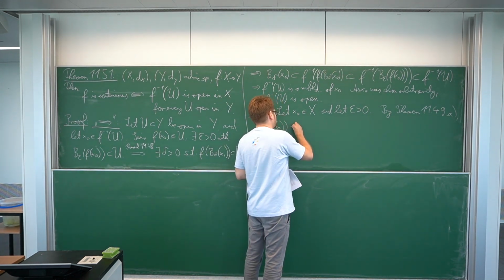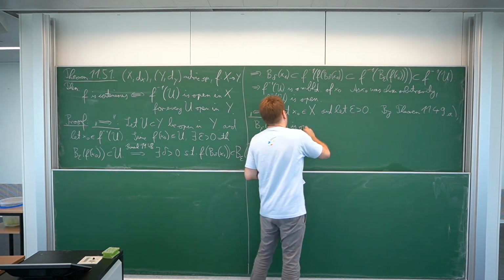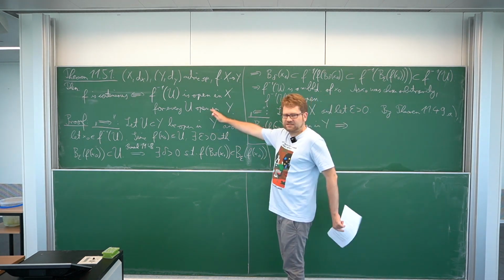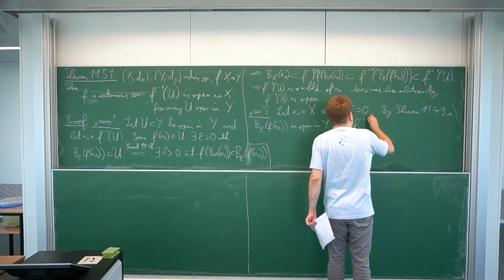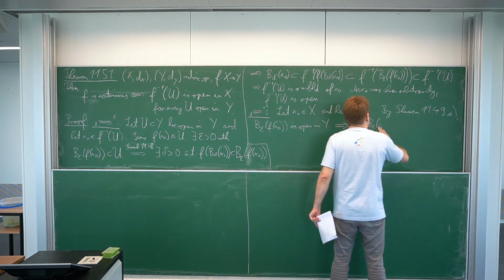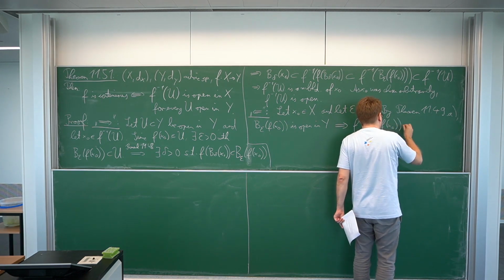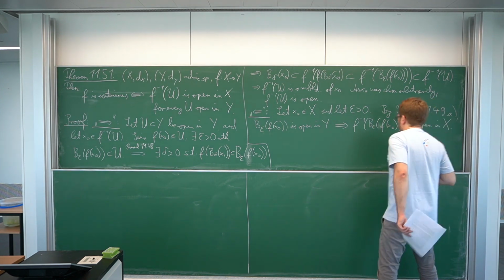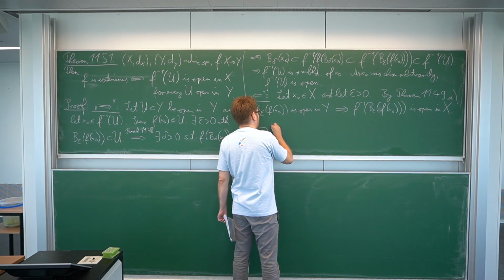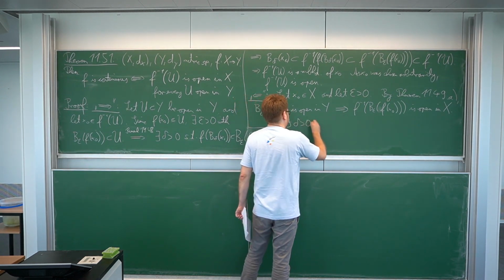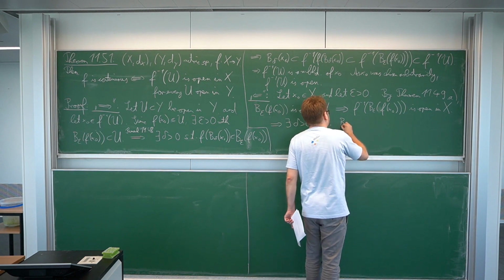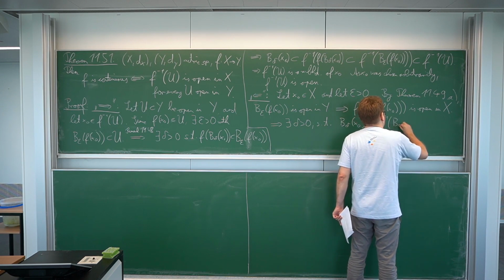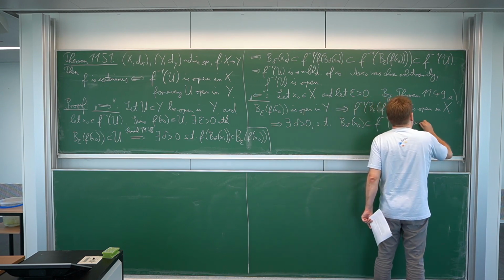Open balls are open, this is what we've seen, but this is open in Y. So by assumption, preimages of open sets are open. f to the minus 1 of this epsilon ball, B epsilon around f of x0, is open in X. So by definition of openness, we know it's a neighborhood of x0, so we know there exists a delta bigger than 0, such that B delta around x0 is contained in the preimage of B epsilon of f of x0.